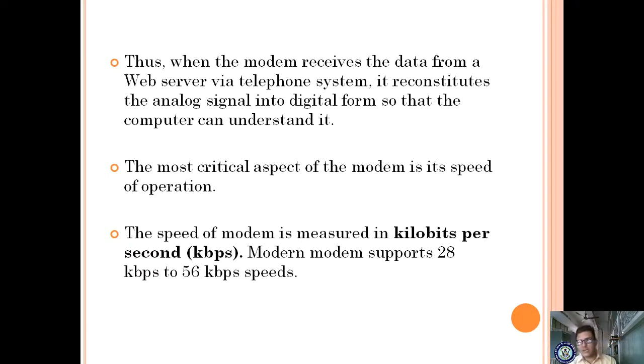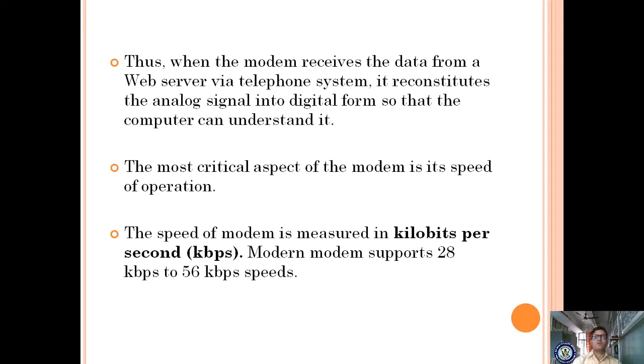The digital data is sent through the wire, converted into an analog signal, and then the analog signal is converted into digital form so that the computer can understand it. It means we are sending the data in the form of signals.